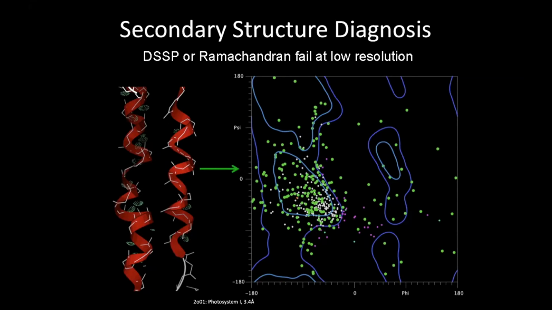Now, actually with cryo-EM, you can do a pretty good job locating helices at 5 or 6 angstrom resolution, or even a little lower. And so actually it's not true that you can find helices better at 3 angstroms than you can at 6, because you see too much misleading detail at that resolution.